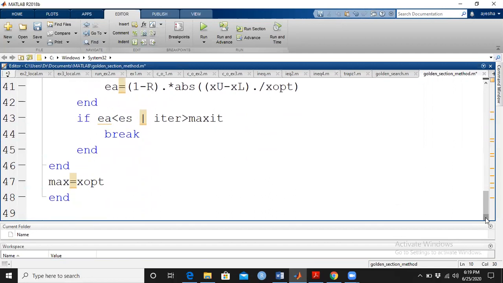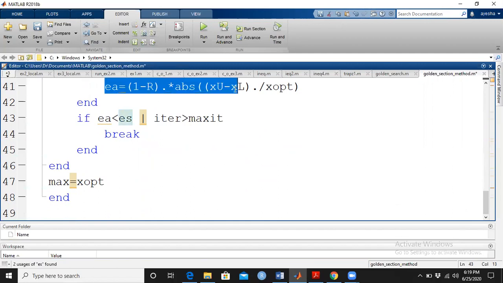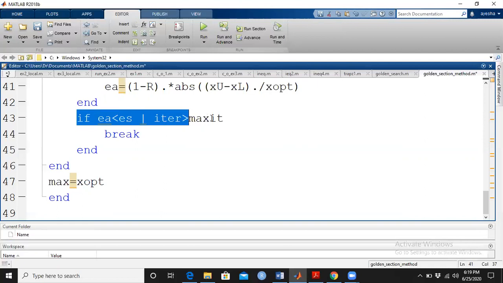And you can see that we have used here the error as well. We have said that this is EA, which is the absolute of XU minus XL divided by XOpt. So you can see that you have got some loops here, and you will stop when your error is less than the prescribed error, and when your number of iterations is less than or equal to the prescribed iterations, and you will not perform more than the prescribed iterations.